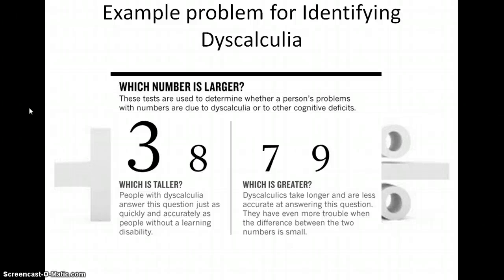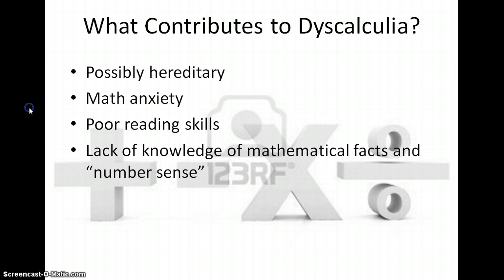But an important thing to remember here is that if students aren't taught what greater than or less than actually means in mathematics, then that can contribute to this problem and basically make students dyscalculic in this area. And it is not all hereditary. A lot of environmental factors go into dyscalculia, as we'll talk about next.